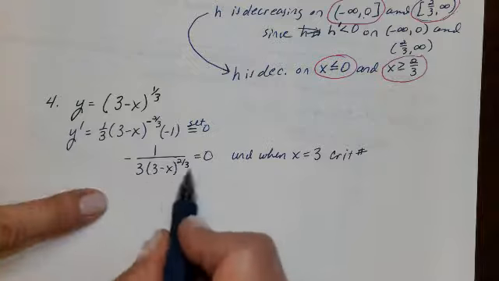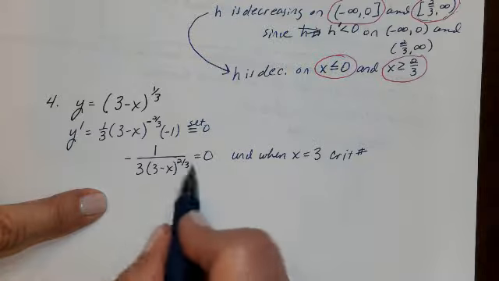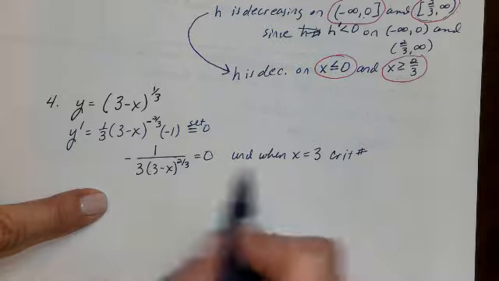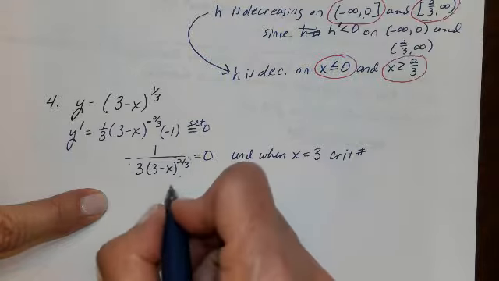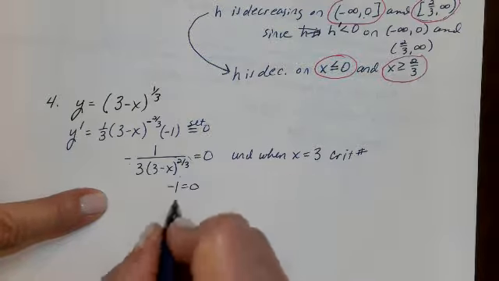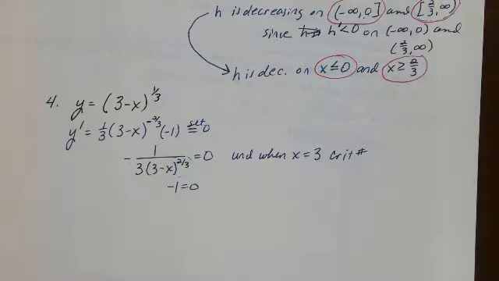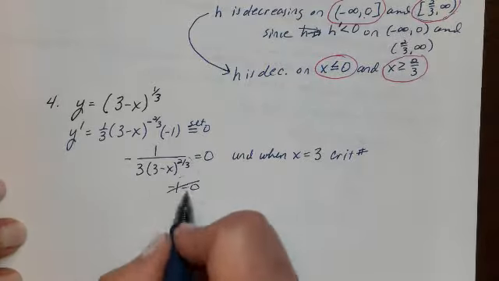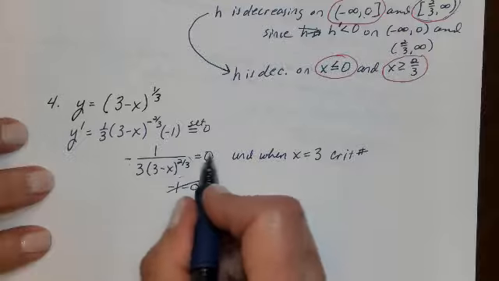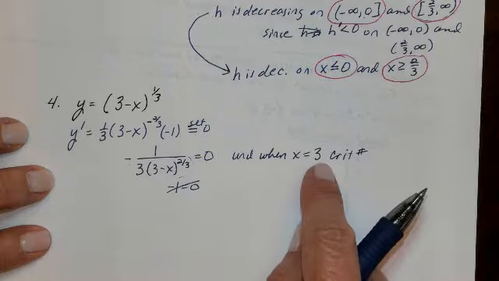If I multiply both sides by this denominator, which is legal now that we've taken care of what makes it undefined, I get negative 1 equals 0. What x value makes that true? Well, no x value makes that true. So we don't get any x values from setting it equal to 0, but we did get an x value over here from what makes the derivative undefined.